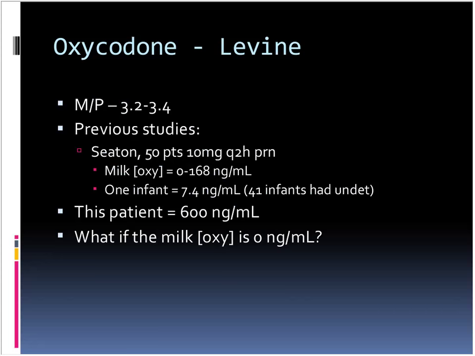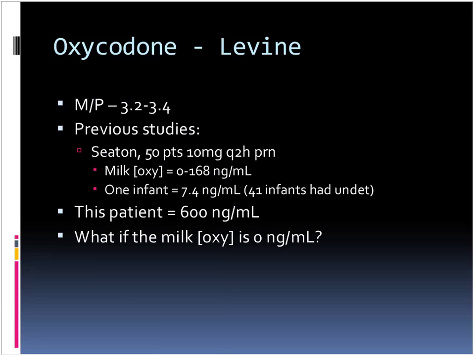And in that study of 50 patients, there was one infant who had an identifiable oxycodone concentration of 7.4 nanograms per mil. So this patient has a serum concentration of 600 nanograms per mil.